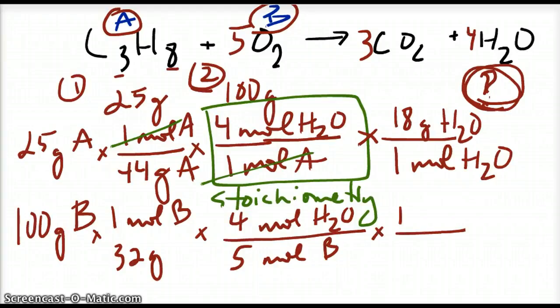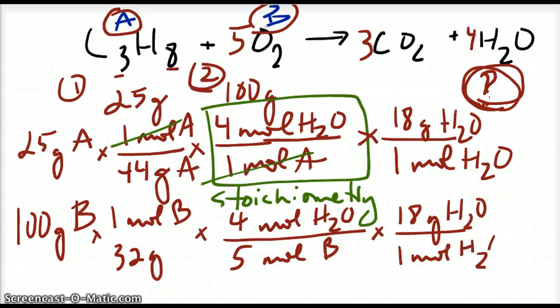And again, the final step will be identical because all you're doing is converting moles of water into grams. Now I'm going to stop there for a second and have you compare these two calculations.